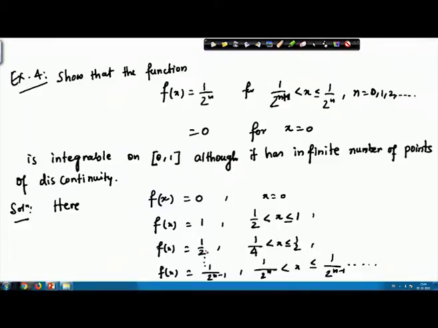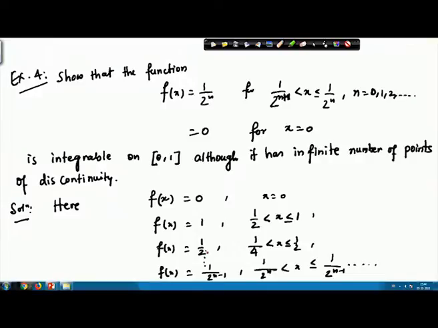Now we know that the function f is monotonic, and also the function is bounded, because the maximum value it can attain is 1, and the lowest value it can attain is 0. When n goes to infinity, 1 by 2 to the power n goes to 0, and consequently the maximum value f can attain is 1, and the minimum value is 0.